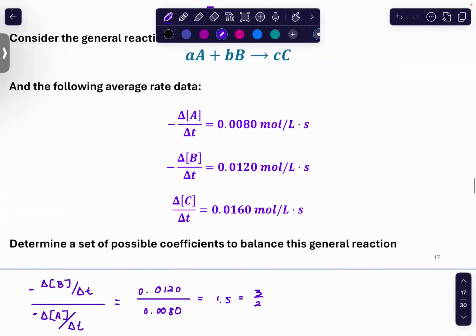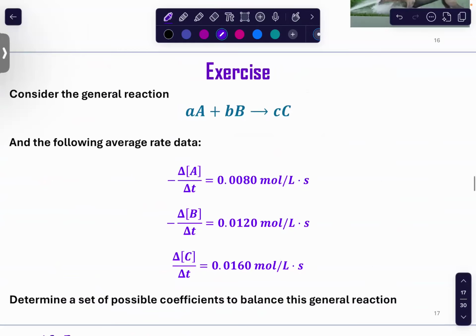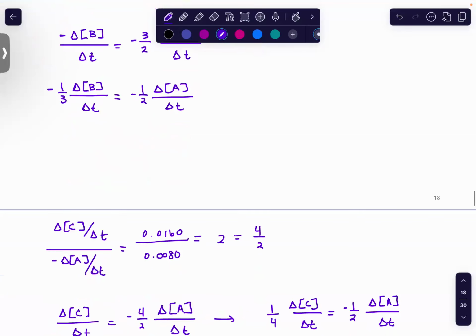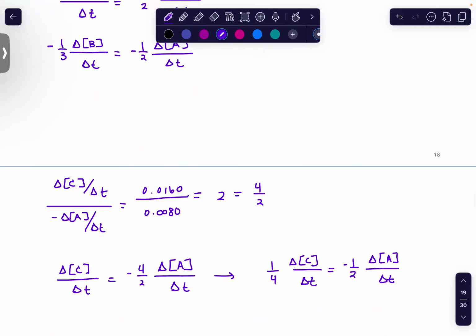So what do you think A, B, and C are? If we do A plus B plus C, with these as our results, what are the coefficients?